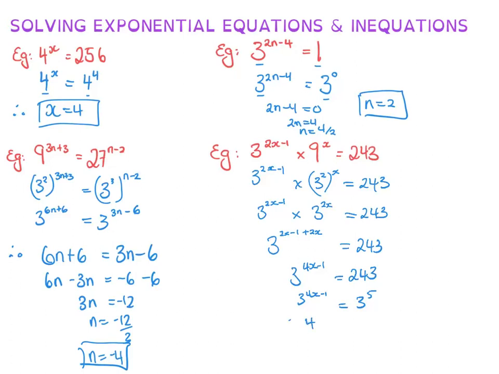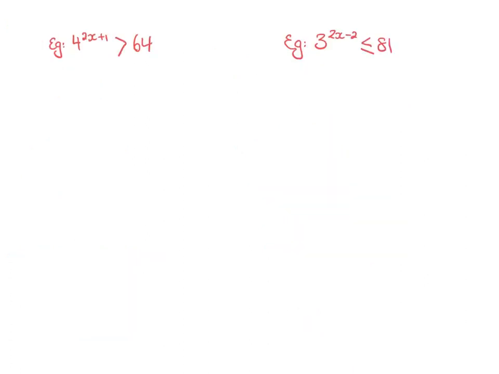So therefore I can say 4x minus 1 must equal 5. So 4x equals 6 and x equals 6 over 4. Simplifying that equals 3 over 2. And there's our answer.